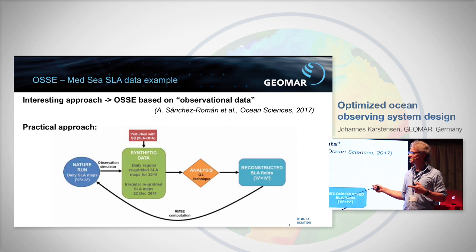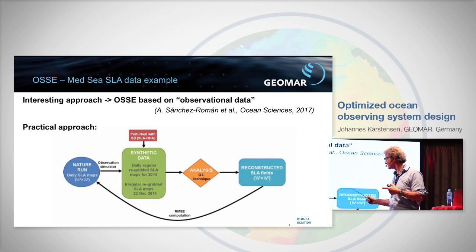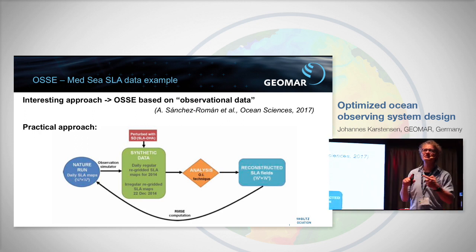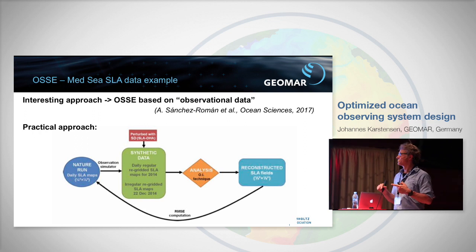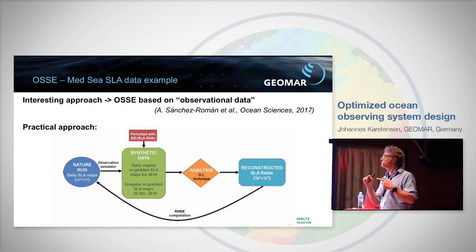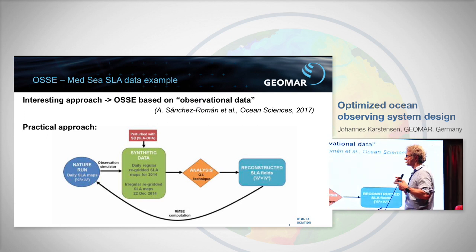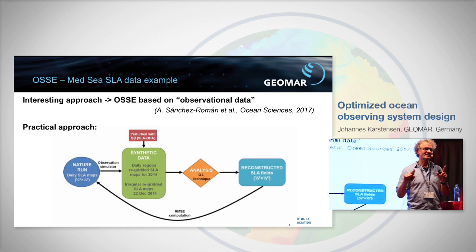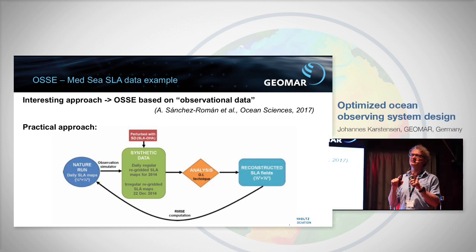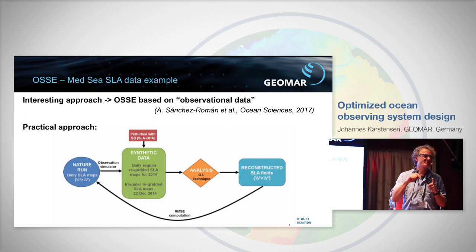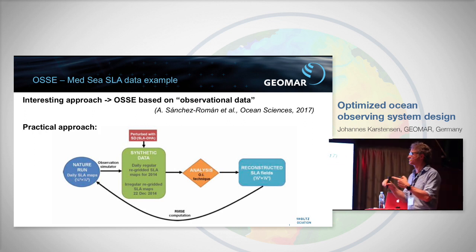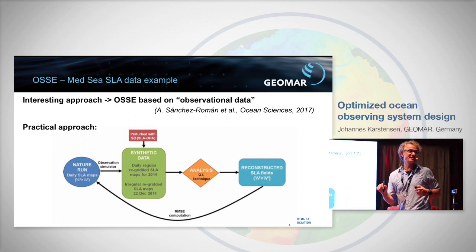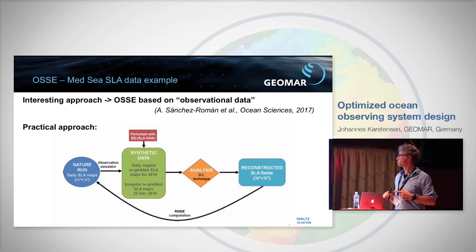Then they compared this reconstructed sea level anomaly with the observed sea level anomaly, in order to see how to improve the sampling of sea level anomaly in the Mediterranean. This sea level anomaly was used as a metric for mesoscale eddies. So the question was, how well is that sea level anomaly really resolved by individual profiles? It was again addressing the Argo density.